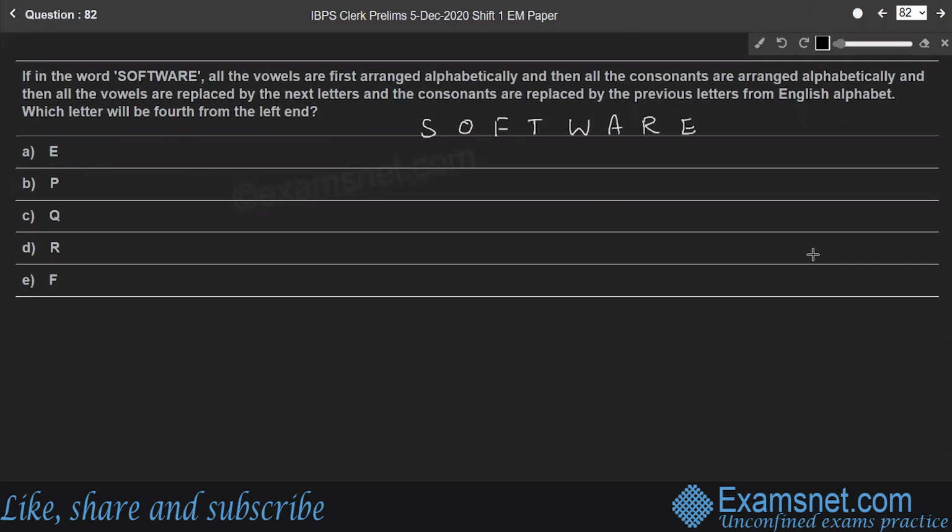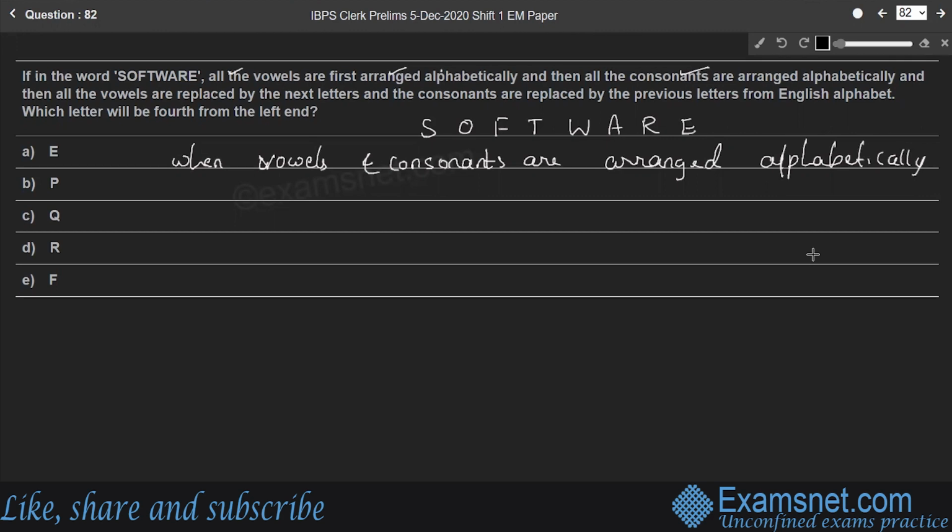Right. So all the vowels are first arranged alphabetically, then all the consonants are arranged alphabetically in this word. So the word becomes: first arrange the vowels alphabetically.